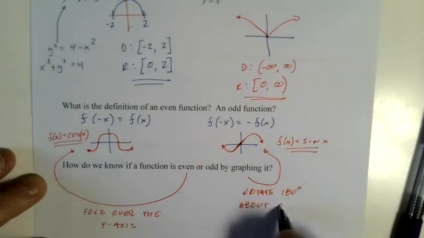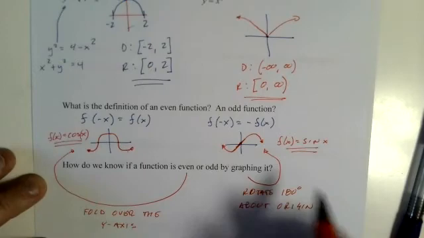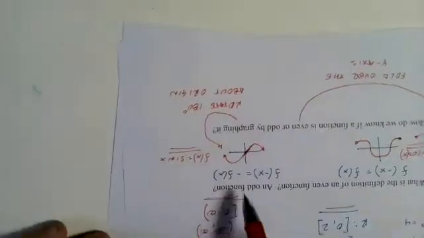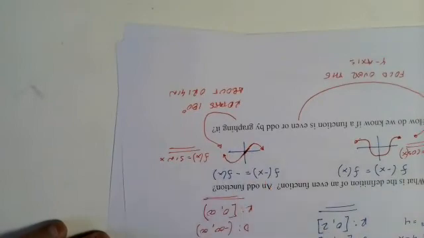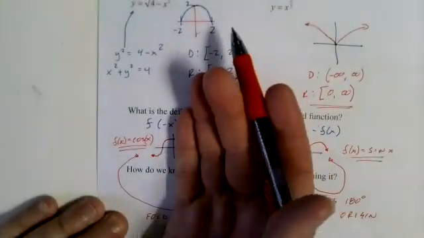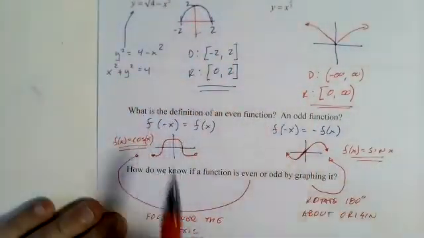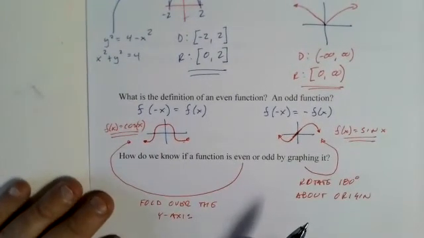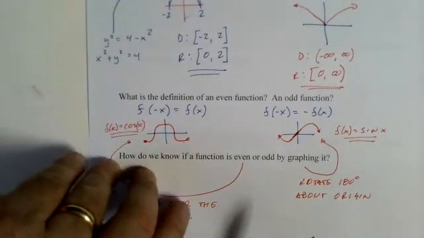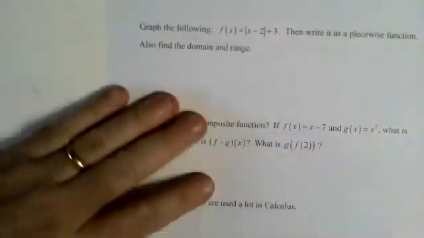What I mean by that is if I rotate it 180 degrees, it looks the same. It goes up to the right, down to the left. What I mean by fold over is if I was to take the page and fold it over, it would land right on top of itself. It's pretty handy. I use that in Calc. I use that in a lot of math. So yeah, good to know.